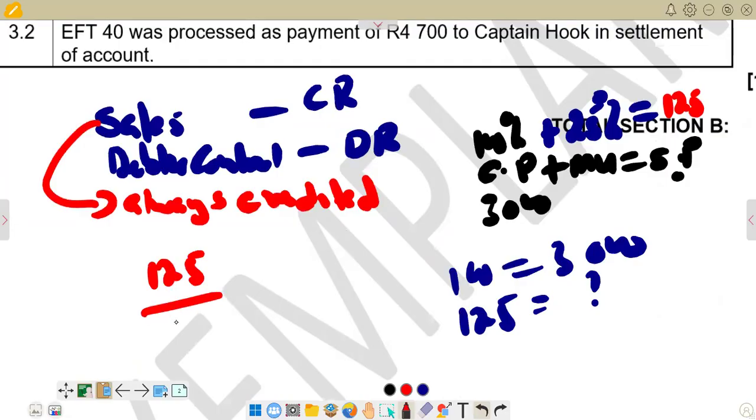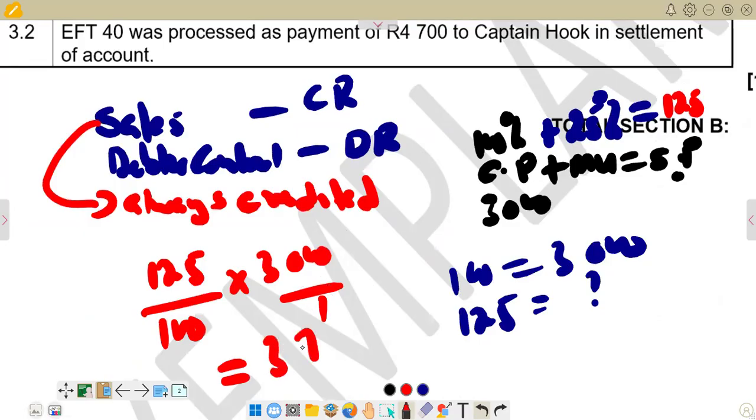What we have is a denominator, it is 100. The numerator, the given figure, which is 3,000 over 1. Then we calculate it as such to see that the figure that we are going to get is 3,750. So this is our selling price. So this is indicating our selling price. So this is the figure that we are going to debit and credit there.